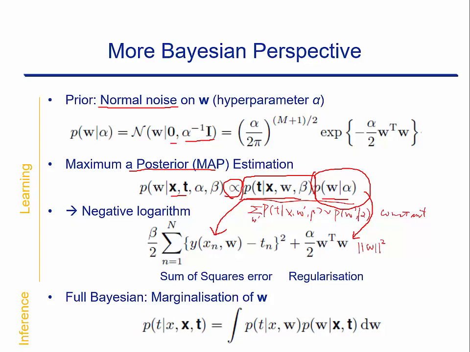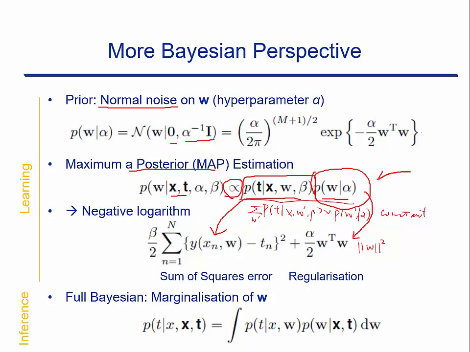It is quite interesting because it establishes a link between a Bayesian approach to polynomial regression and polynomial regression under the optimization perspective, as we showed at the beginning of this lecture.